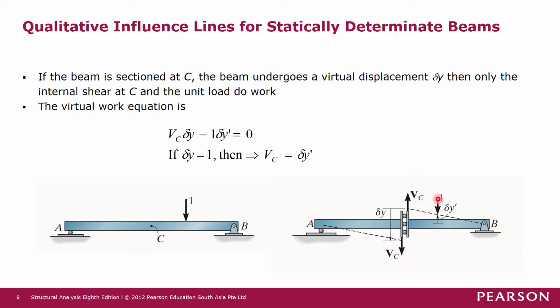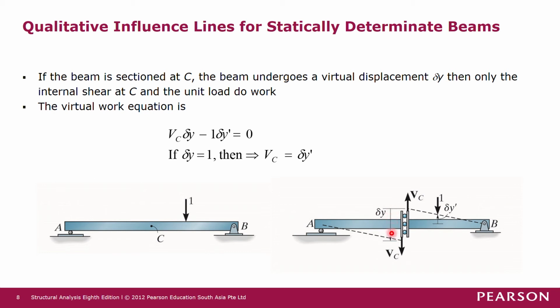If the 1 unit load is here, then the deflected shape due to the action of this pair of shear forces will be something like this, which indicates the influence line shape. The displacement due to this pair of shear is del y. If we take this point as the reference point, then the total displacement is del y.